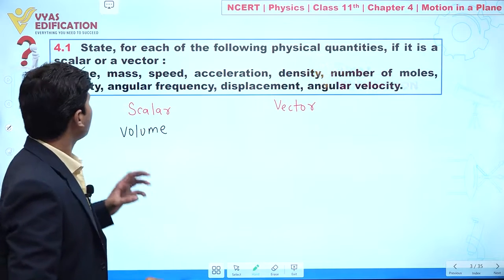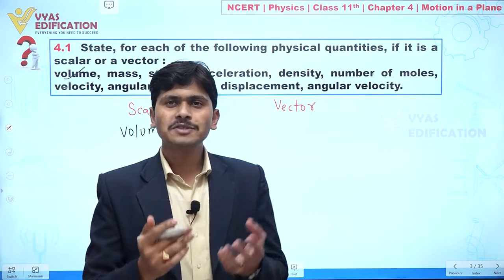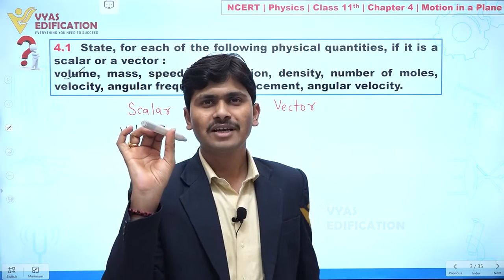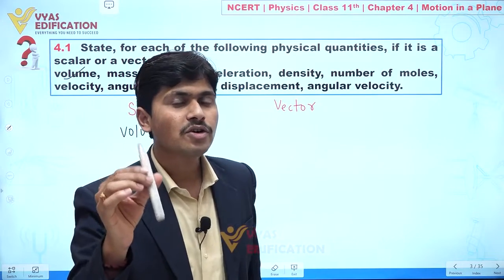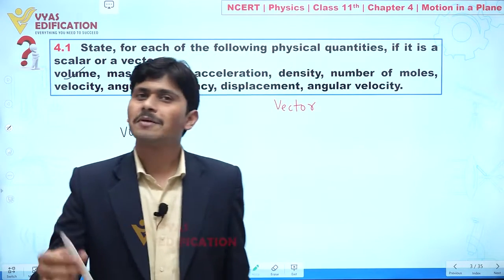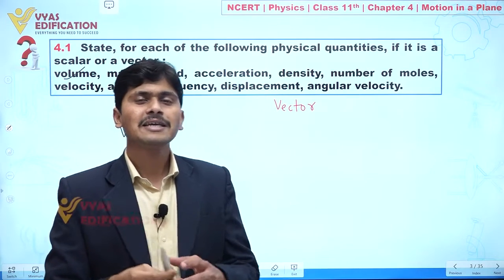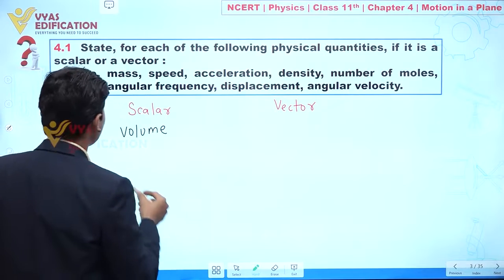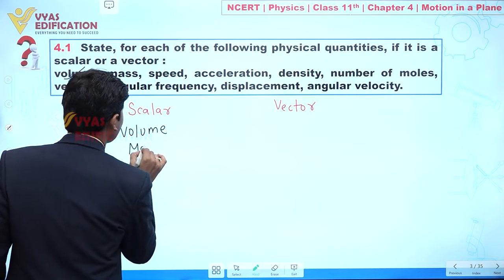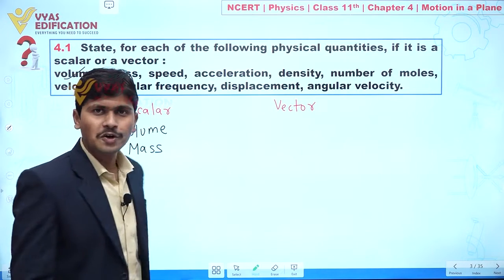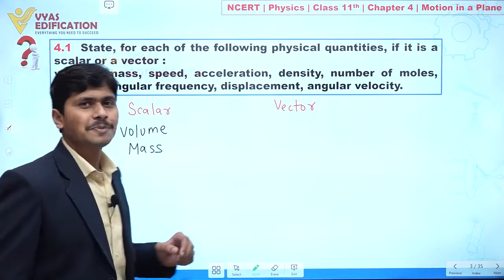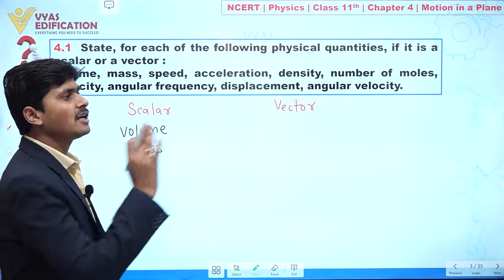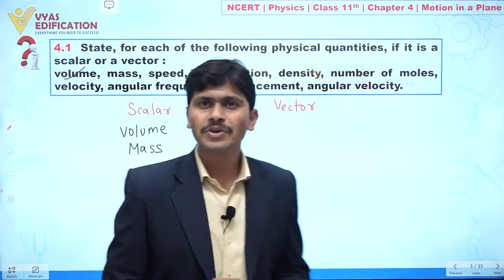Now if we talk about mass, let's suppose this stylus has a mass of 50 gram. It means 50 is the magnitude and gram is the unit. Again I am getting magnitude as well as unit, so mass is also a scalar quantity. Now if we talk about speed, let's suppose a car is moving with a speed of 35 km per hour.